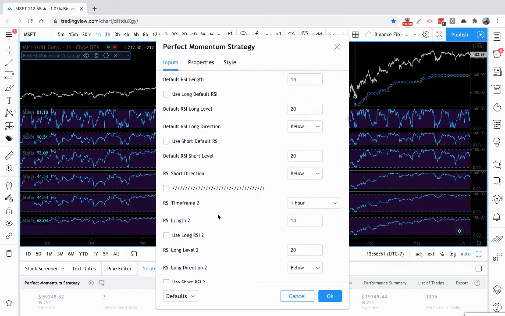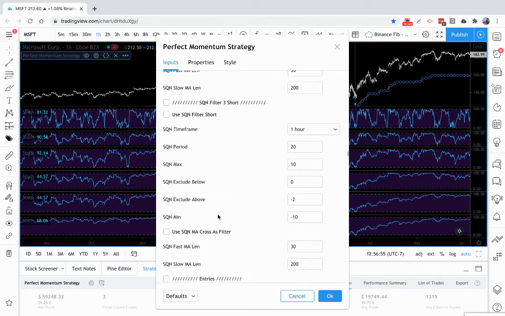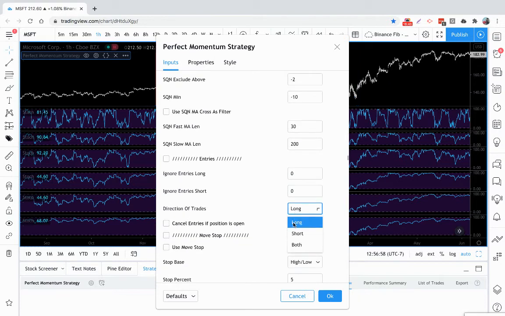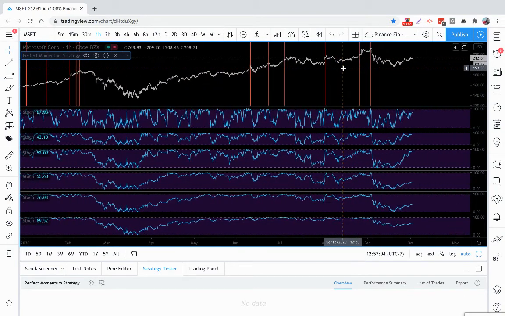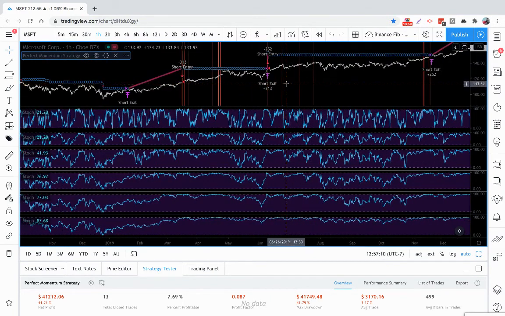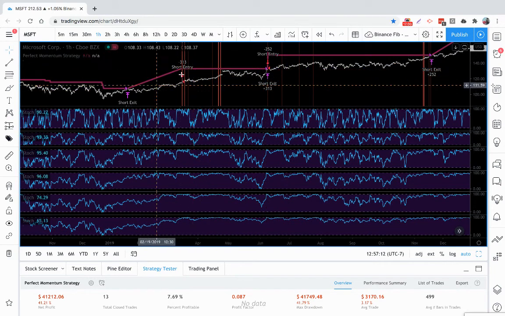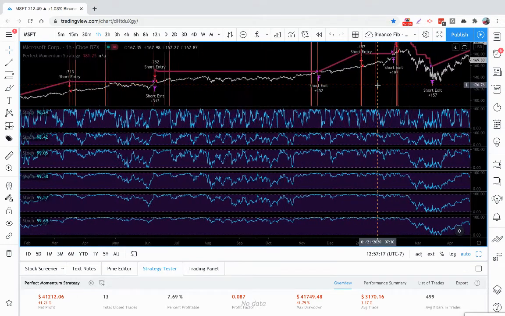And then you'd want to change your system to a short instead of looking for long directions. And same thing, we'll keep the stop loss and trailing stop. It probably won't perform very well on this chart since it's a very bullish chart, but you can see how it works. So that way you can take shorts or longs just based on extreme stochastics measurements.